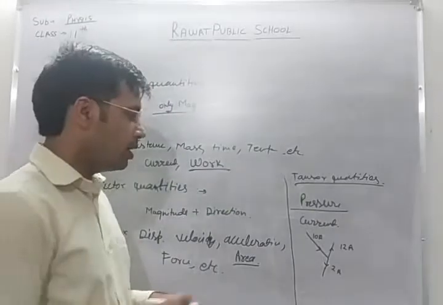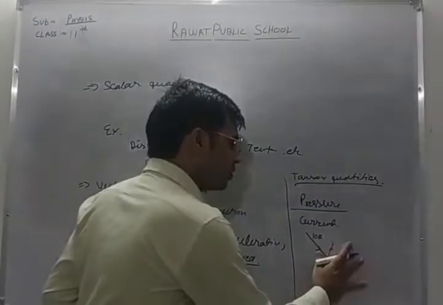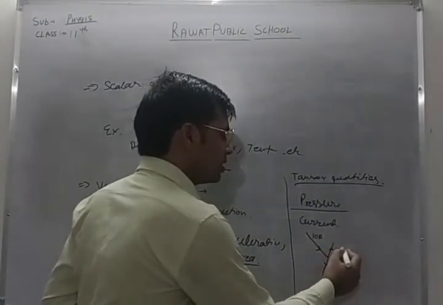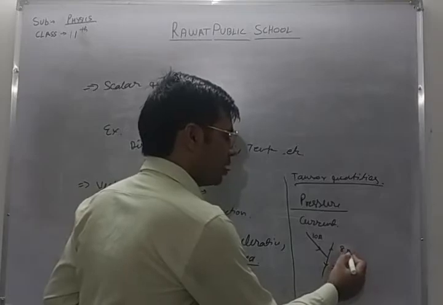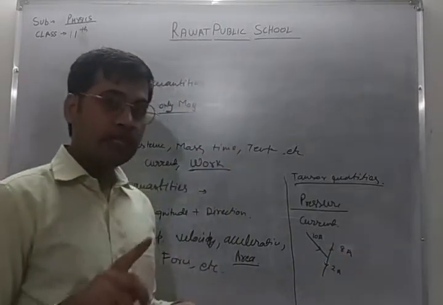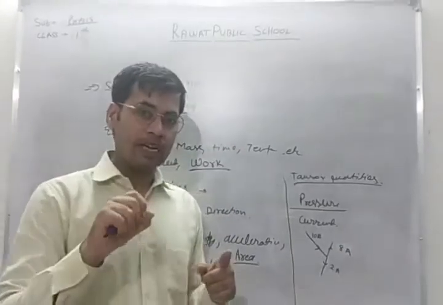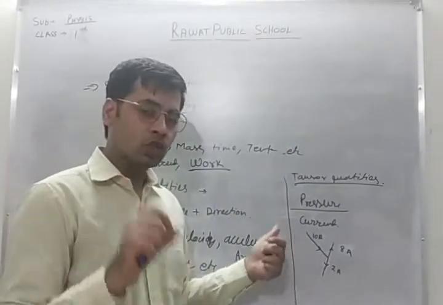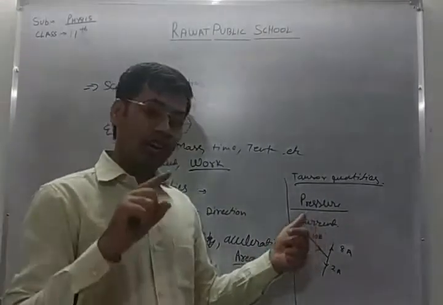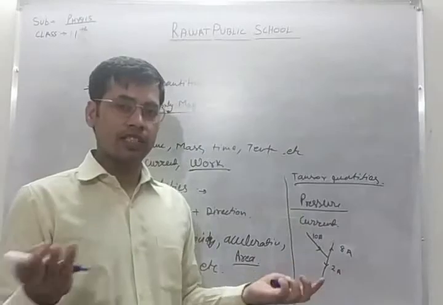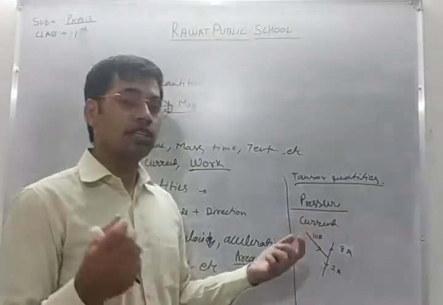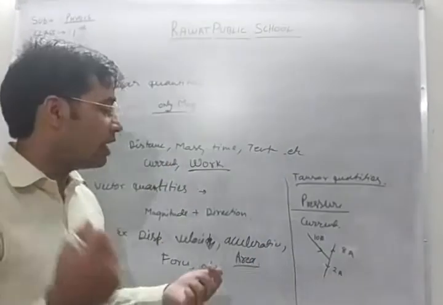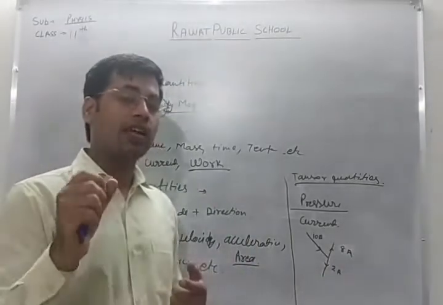So what will happen? The amount of current going in this direction is 8 ampere only. That means the direction of current matters here. So current is a vector quantity, as we can see, but current is included in scalar quantity, so it is a tensor quantity of rank 1.